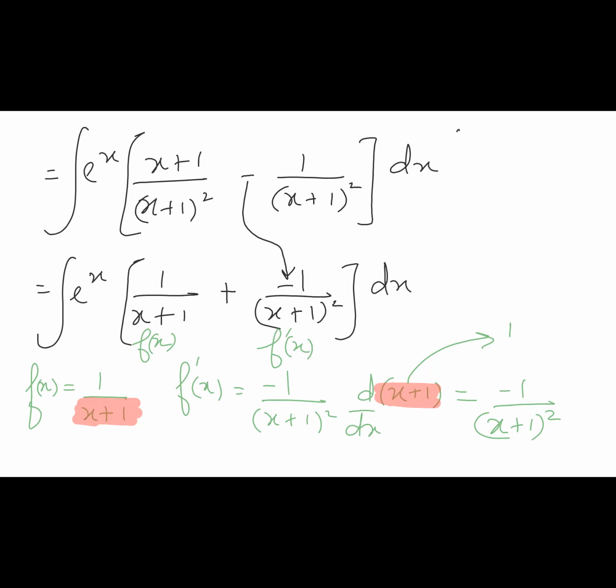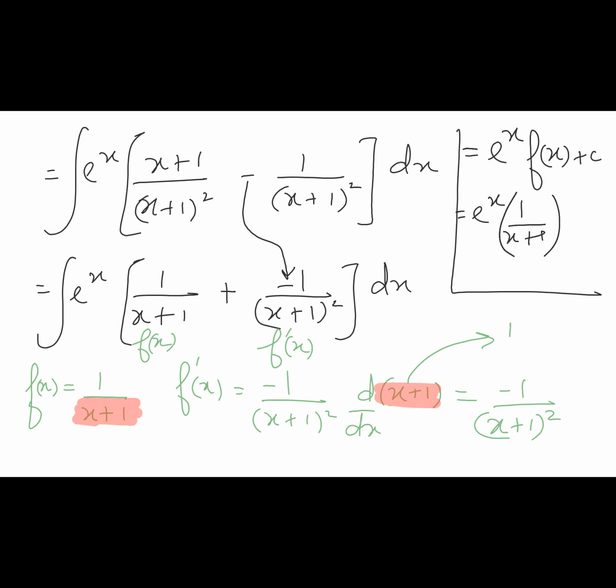So the answer will be, I'll write it over here, e raised to x f of x plus c, which is e raised to x into 1 upon x plus 1 plus c. Fine. Okay.